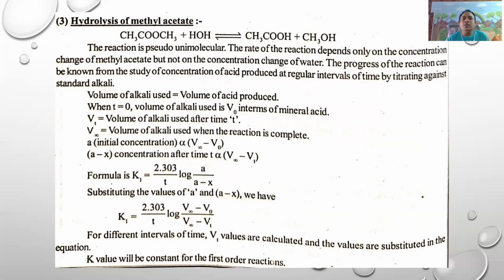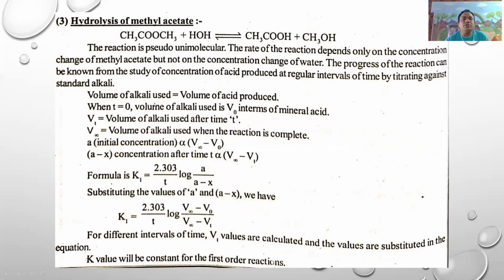Means here in this experiment, methyl acetate is hydrolyzed to give acetic acid. Based on the amount of acetic acid obtained at different time intervals, which is titrated against standard alkali solution, we can find the rate constant of acid catalyzed hydrolysis of methyl acetate, which follows pseudo unimolecular reaction.